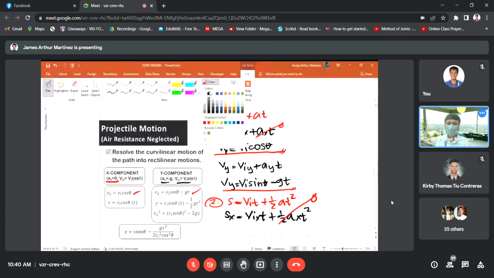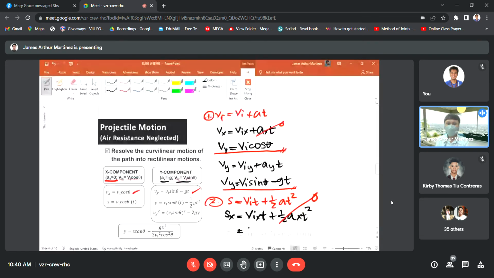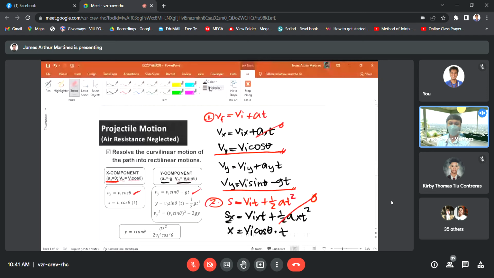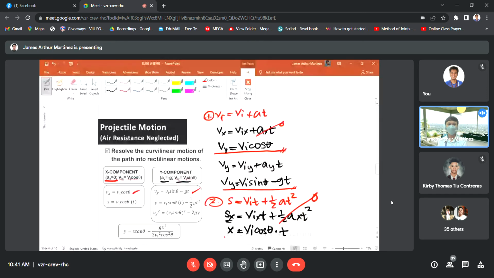So, meaning, the resulting equation would be Vi cosine theta. So, Vix, di ba, is Vi cosine theta times t. And since we are considering the horizontal distance or the horizontal displacement of your projectile motion, atong i-denote as x. So, this is now our second equation for x component of your projectile motion.